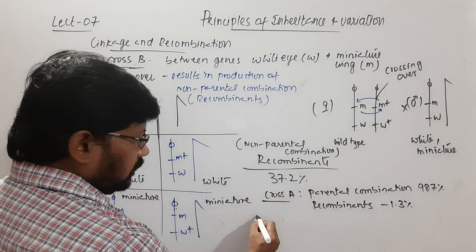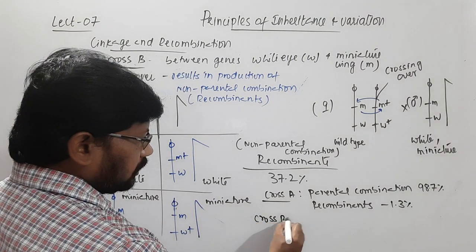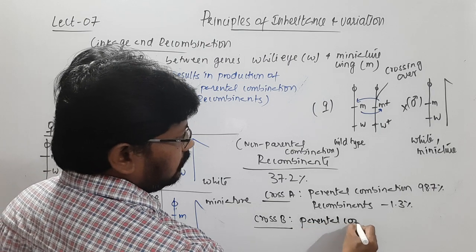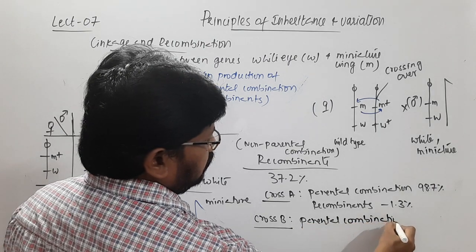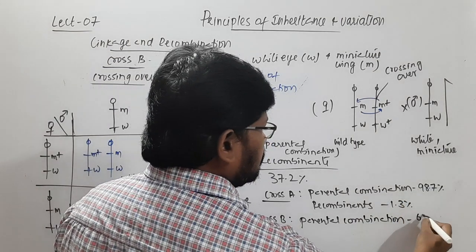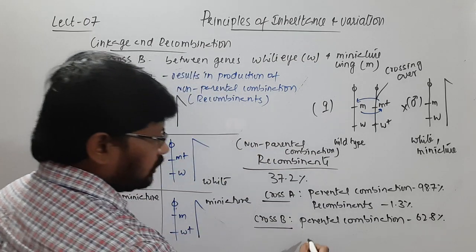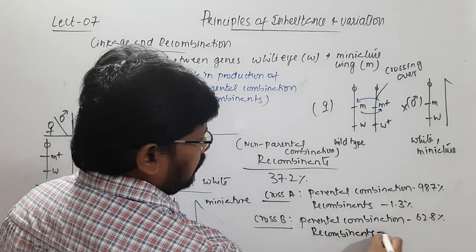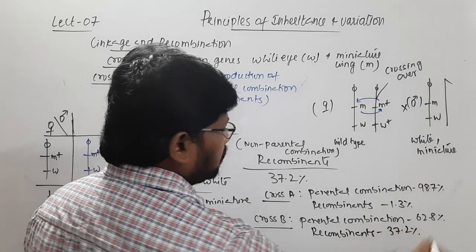In the case of cross B, the parental combination is 62.8%, and recombinants are 37.2%.